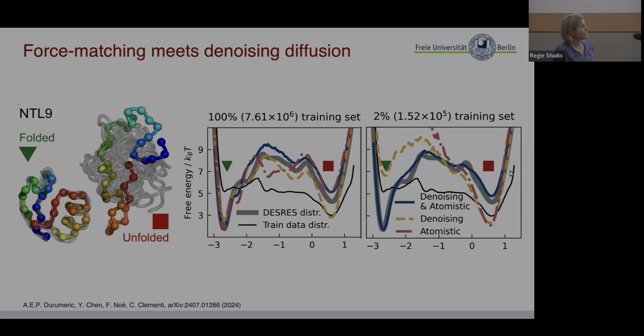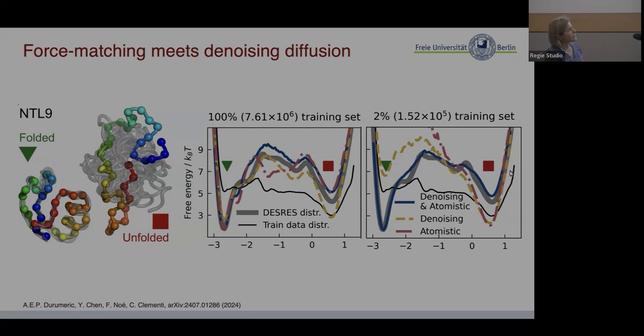So we take what has been done on one of these special purpose computers at D. E. Shaw Research. If you can do it in equilibrium, you get this gray distribution as a function of one reaction coordinate. And then if you use either diffusion models or atomistic forces, you can capture something very similar.